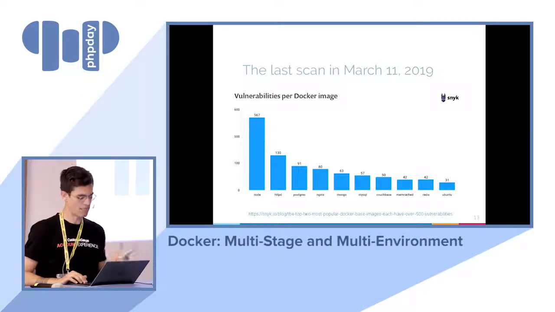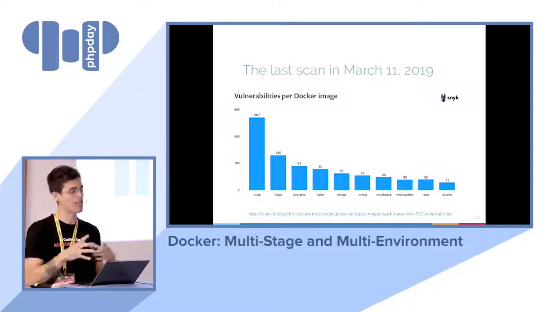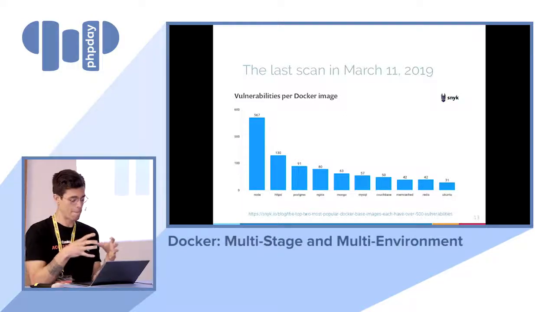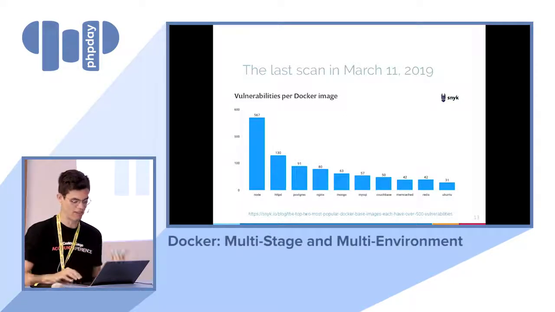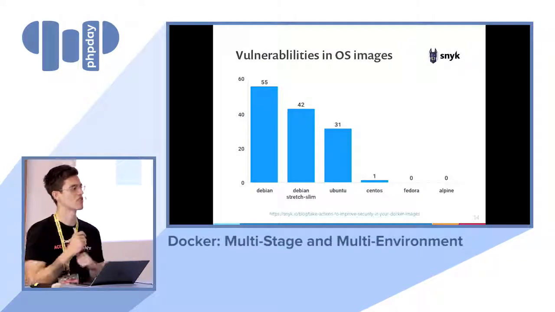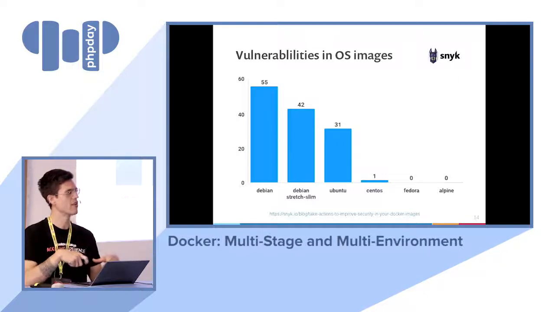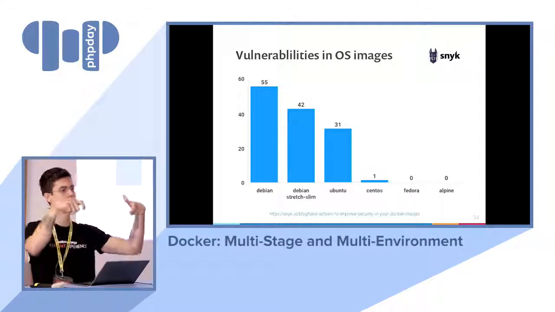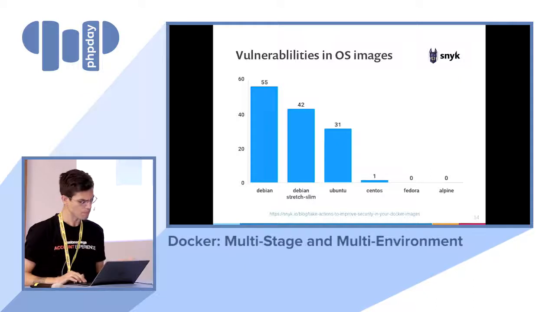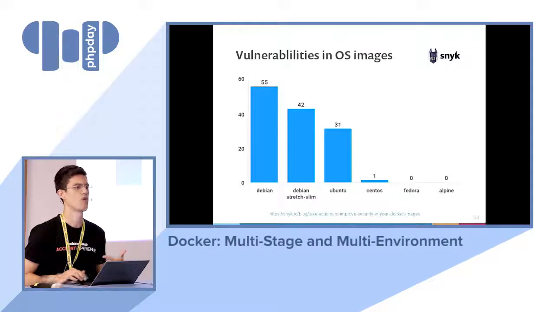But the problem of these images, most of the time, is not the software itself, it is the dependency. So let's look at the base image. Let's go to the OS level and see what the vulnerabilities are there. We have Debian, and the small version of Debian has fewer vulnerabilities. What does this mean?